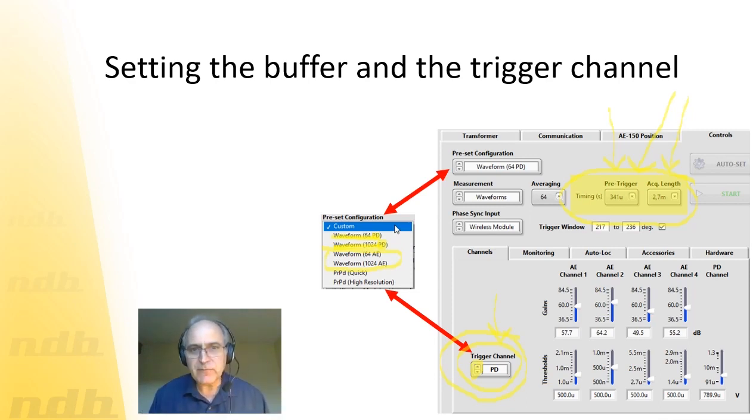This is why we have presets. We have pre-configured presets for you to make sure that you don't mess up the trigger position, buffer length, and pre-trigger. This is quite important, so what I recommend is that you use the presets.